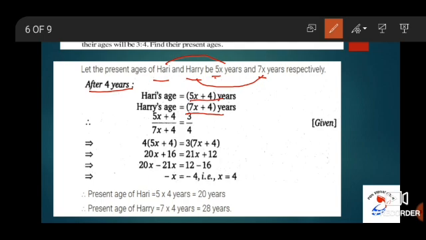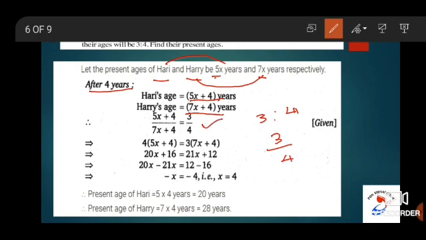The ratio can also be written in the form of a fraction, so it is 3 divided by 4. So now the condition will become (5x plus 4) divided by (7x plus 4) is equal to 3/4.